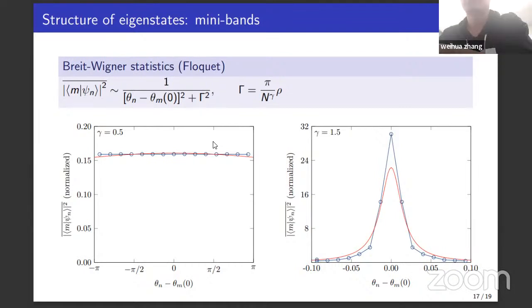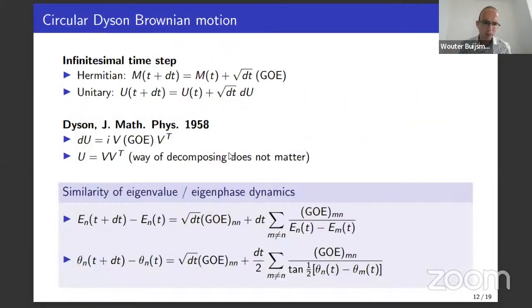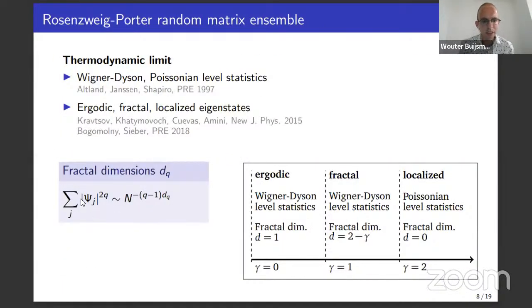How you can think of this is that the eigenstates are not fully chaotic. They occupy really a small part of the Hilbert space. So in that sense, they are non-ergodic. But if I go to this definition, the degree to which an eigenstate is spread out over the Hilbert space decreases with increasing Hilbert space dimension.